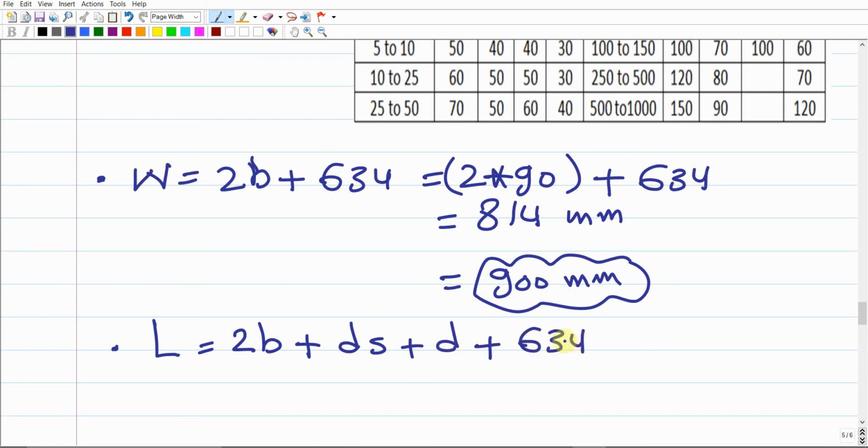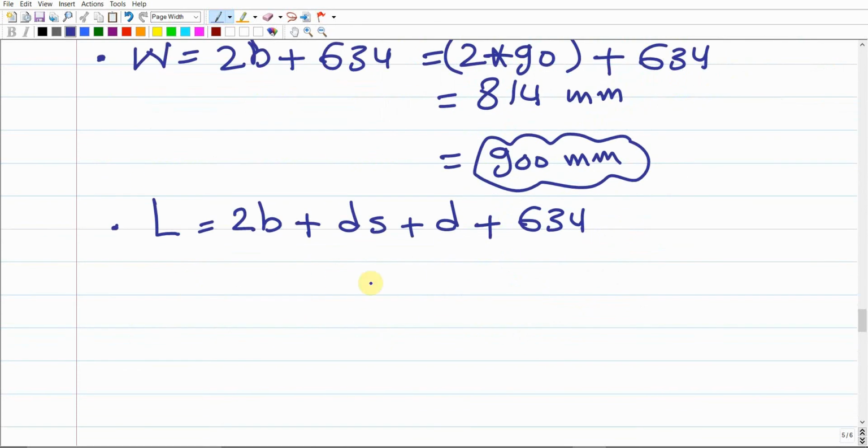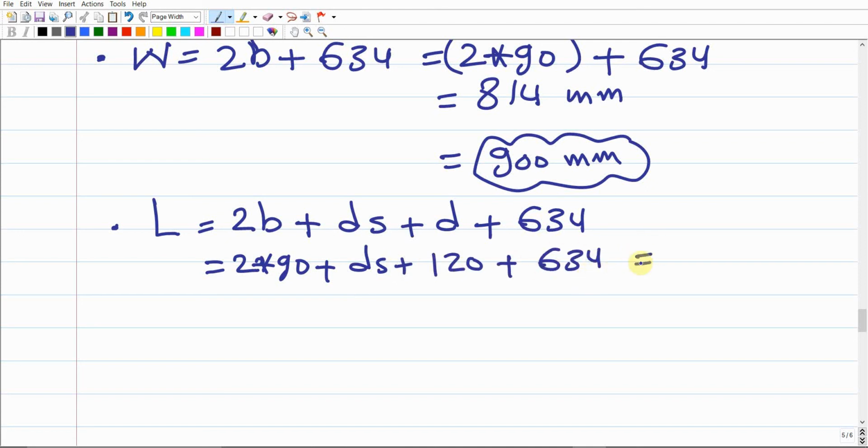So, we got the D from the table as 120 and the B as 90. So this is gonna be 2 times 90 plus the DS, which is unknown, plus the small d, which is just 120, plus the 634. If we did the calculations, this is gonna give us 934 plus the diameter of the down screw.